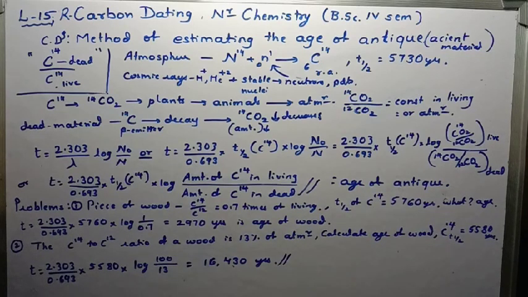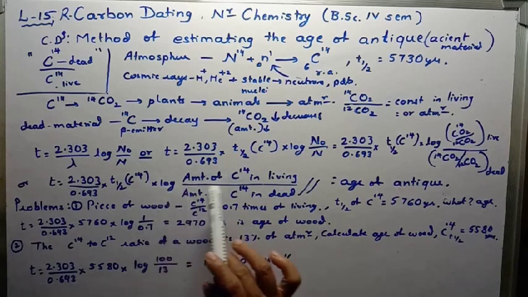There are two problems. In the first, they have given a piece of wood which has a C14 to C12 ratio of 0.7 times that of living, and the half-life of C14 is 5760 years. They are asking the age of that piece of wood.